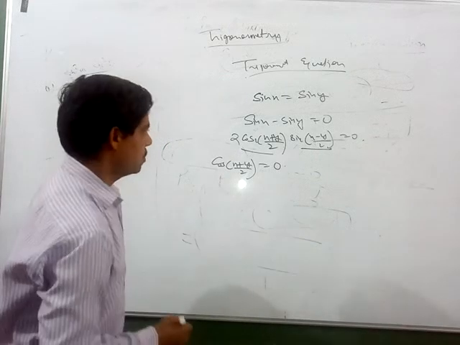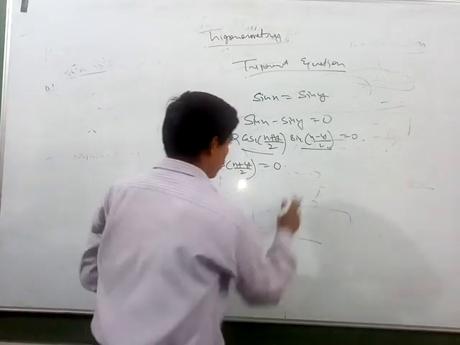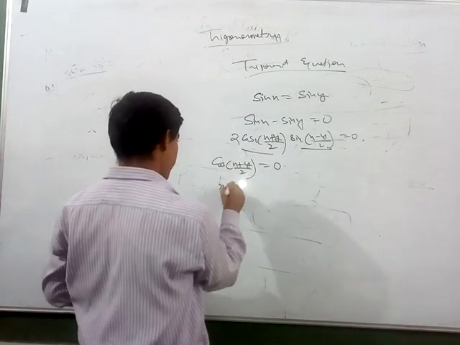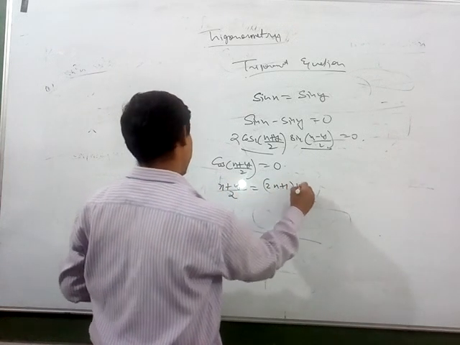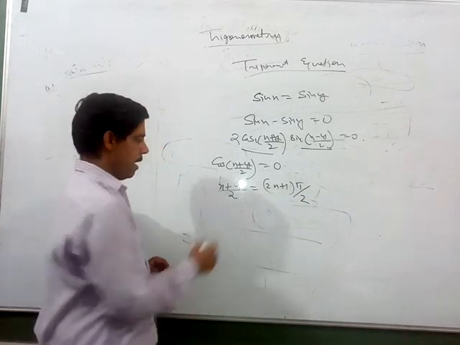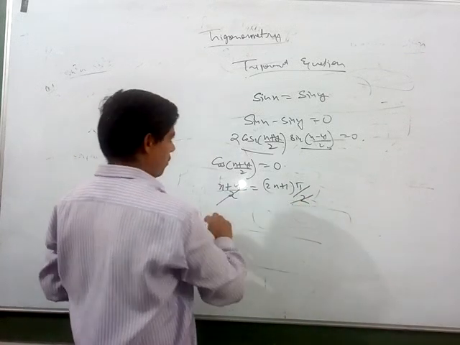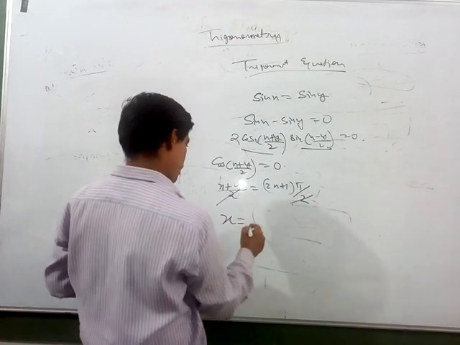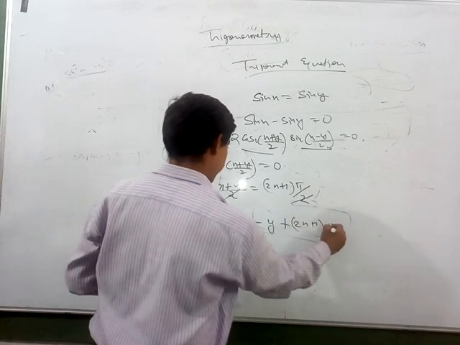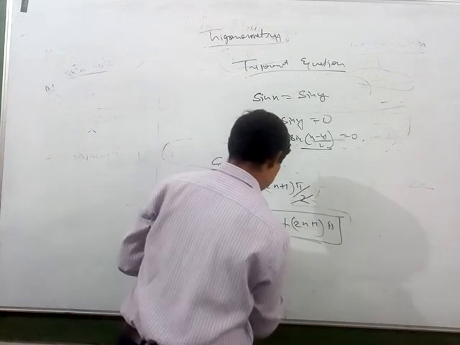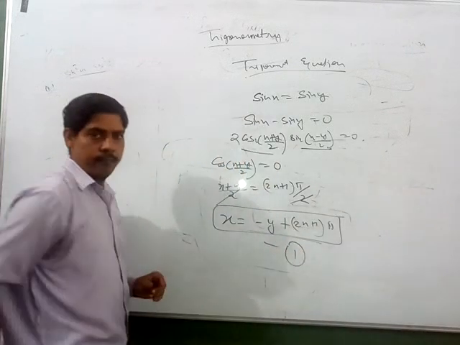Okay. So if that is equal to 0, what you will get here is (x plus y)/2 is equal to (2n plus 1) pi by 2. Okay. And if this 2 and 2 get cancelled, we get x is equal to minus y plus (2n plus 1) pi. One of the answers is this. Let me write it as equation number 1.